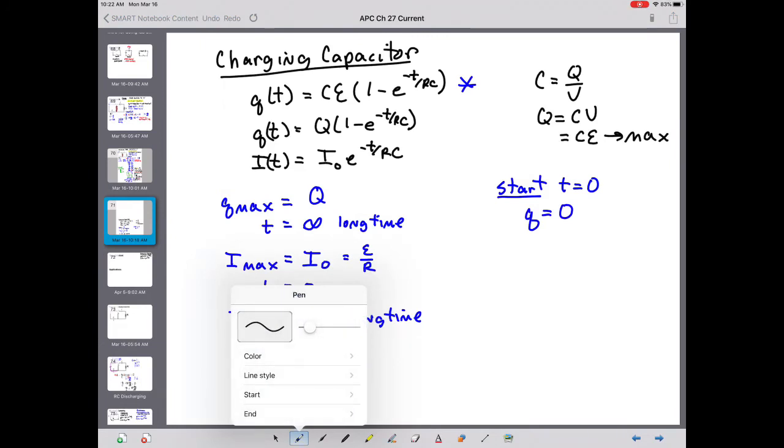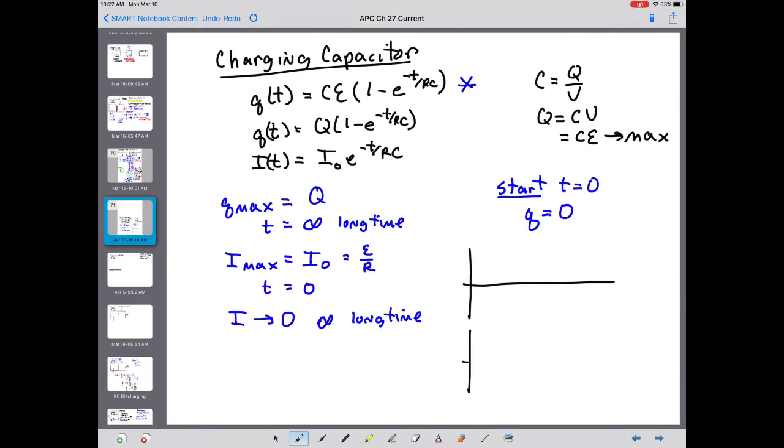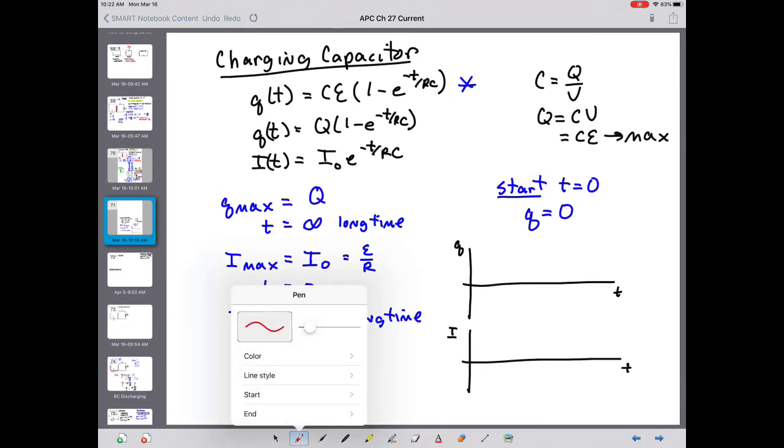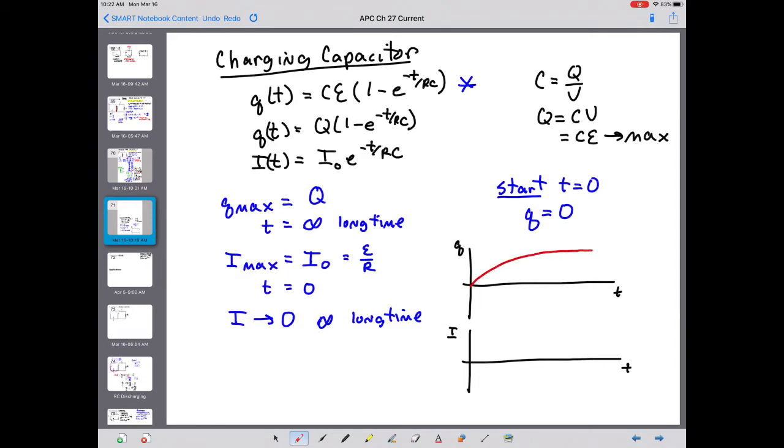So if we look at graphs, charge versus time, current versus time, your charge starts at 0 and it's going to rise over time and approach an asymptote. It's going to approach that maximum charge, and that maximum charge value would be C EMF.